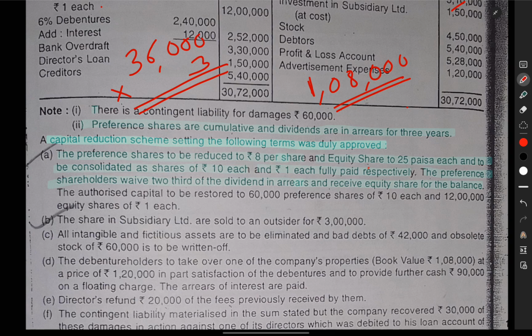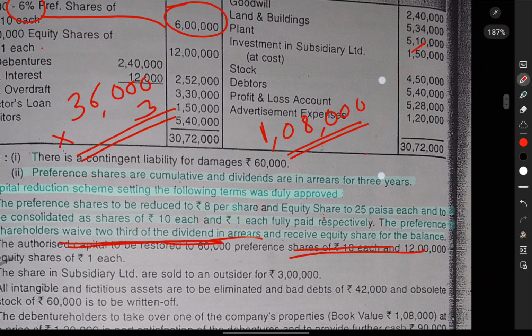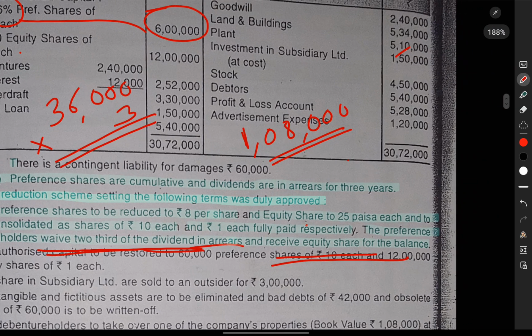From this dividend we waive 2/3 and the remaining 1/3 is in arrears, and they receive equity shares for the balance. So the balance dividend will be 1,08,000 into 1 divided by 3.